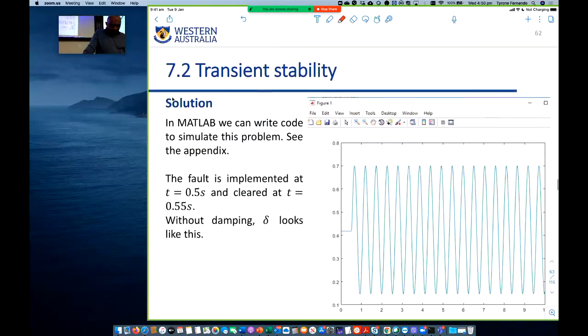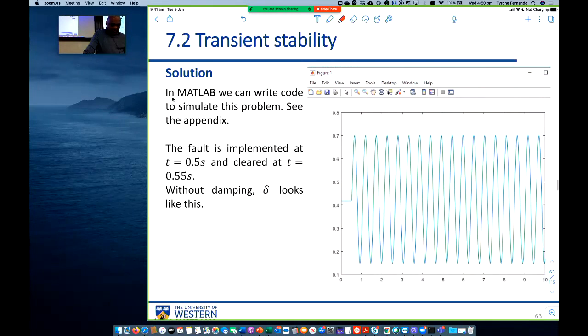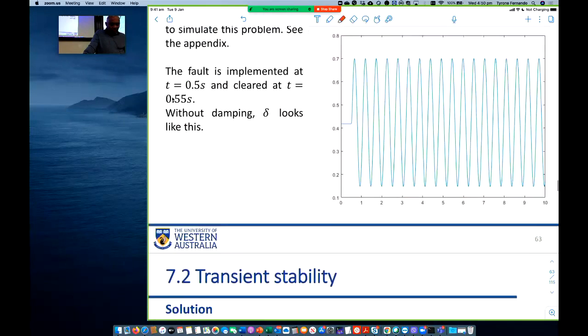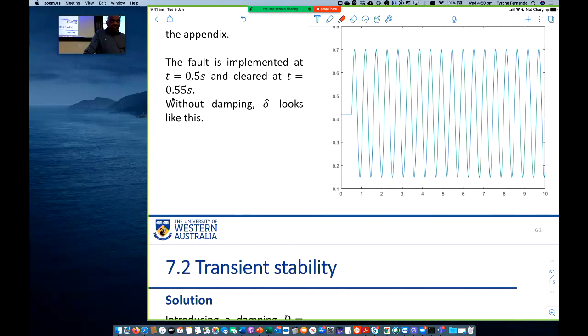So, all right, these are some MATLAB simulations. It shows how the system oscillates, because we know it oscillates about the operating point and settles eventually. That's without friction.